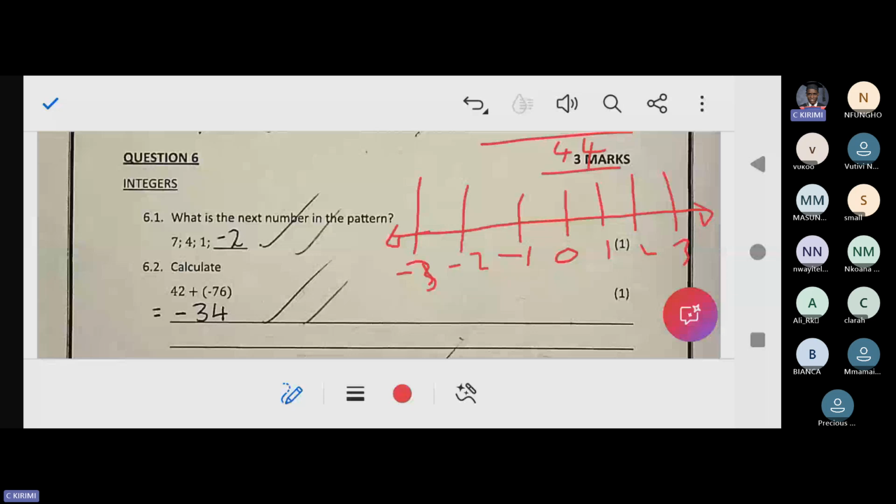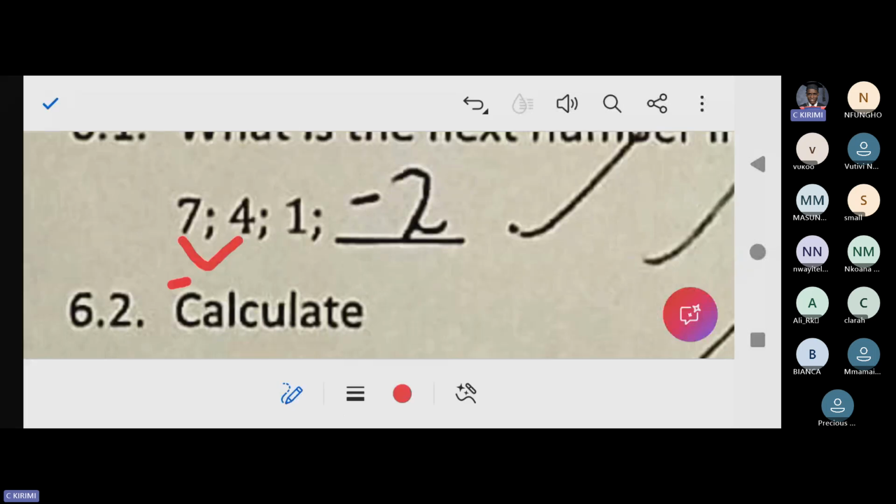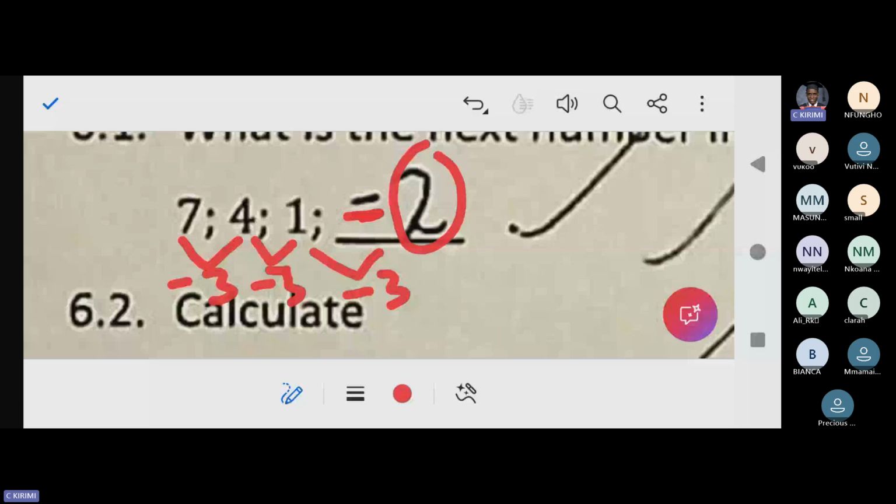Okay, so you are now counting forward or backwards. Here you are counting backwards. From 7, I move to 3. I've subtracted 3. Then from 4, I subtract again 3, which means minus 3. I'm counting backwards. 1 minus 3, the answer is negative 2. I told you to take the sign of the bigger number. You still remember? If you just say 1 minus 3, you can just say 3 minus 1. But when you are putting your answer, take the sign of the bigger number, which was negative 3.